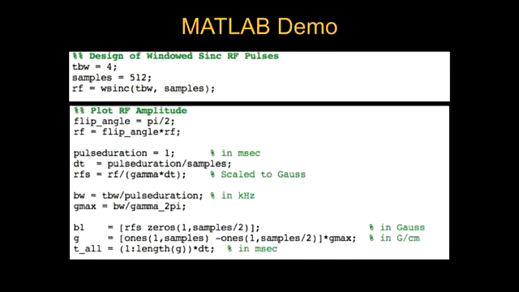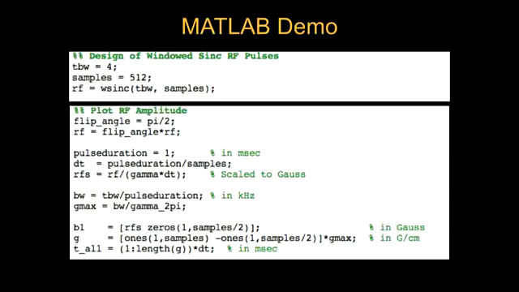You can take a look at this script, but as I said, the number one criterion that you have to determine is the time bandwidth product, TBW. Here I'm just putting 4. And the number of samples, since everything is digital, is an array, so you have to determine the number of samples.